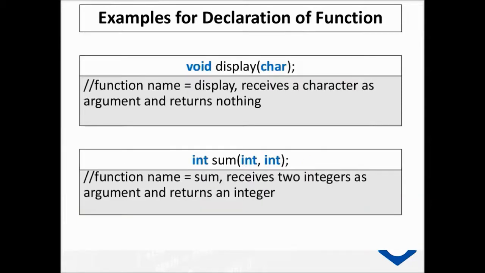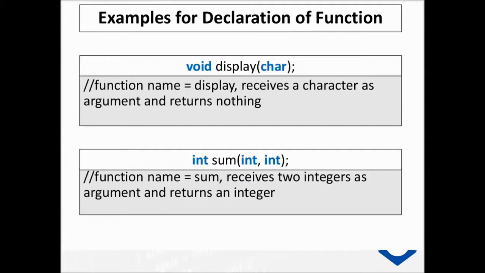Example of declaration of a function. Here are some examples of how to declare a function. If we do not use any data type, then we use the keyword void in the place of the return type. So void display, and display is the name of the function, and in the parentheses we write char, meaning any character that we want to display.